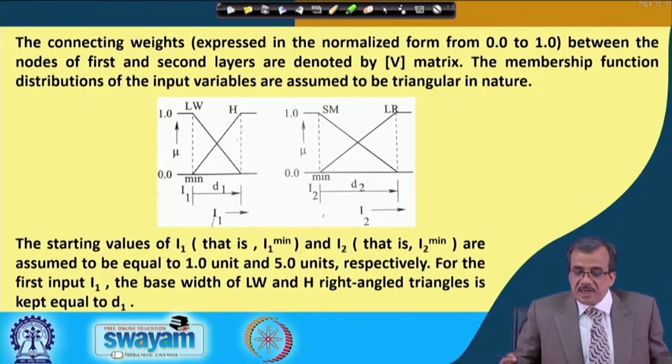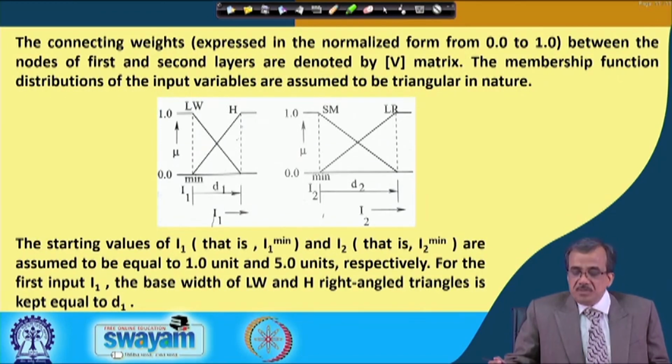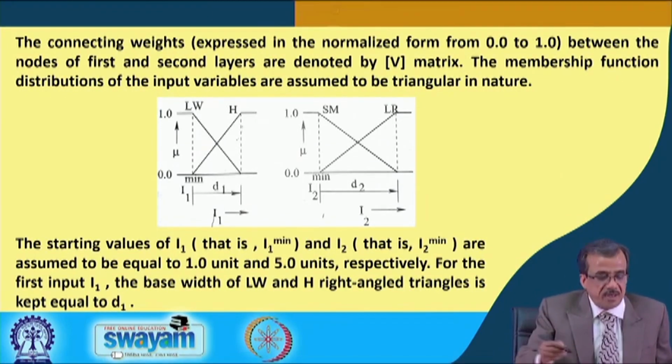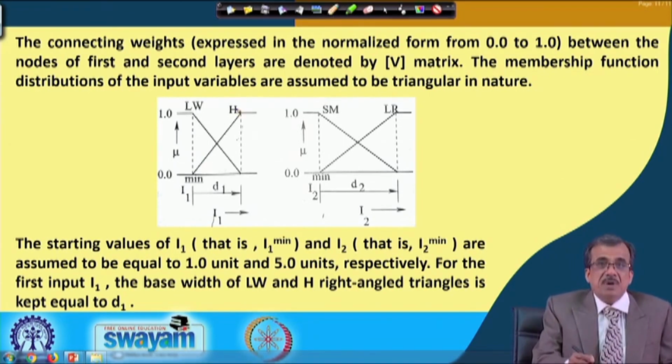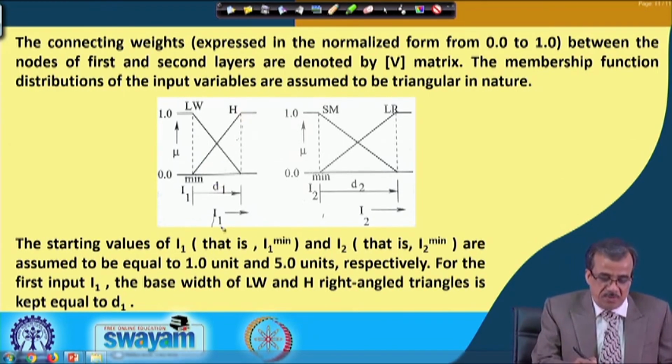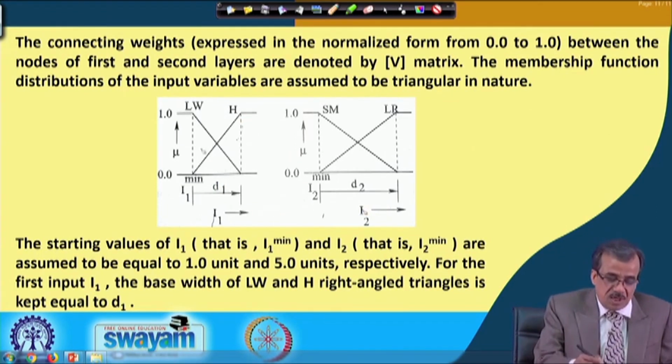The connecting weights are lying in the range of 0 to 1, and the membership function distribution which we have considered for the 2 inputs I1 and I2 is as follows. Now, for simplicity we have considered the low I1 is nothing but this.